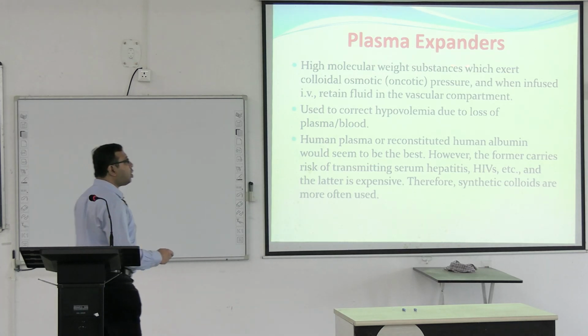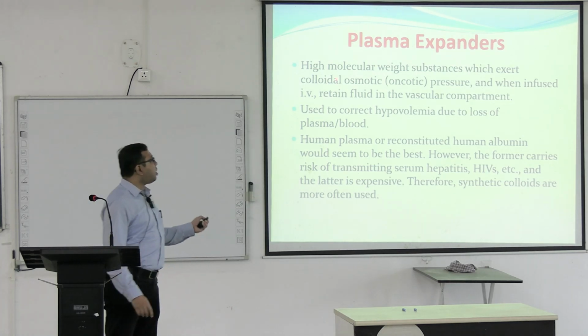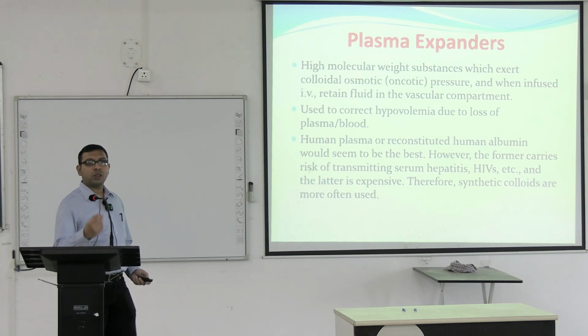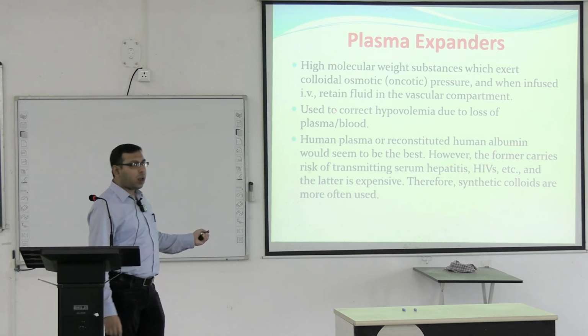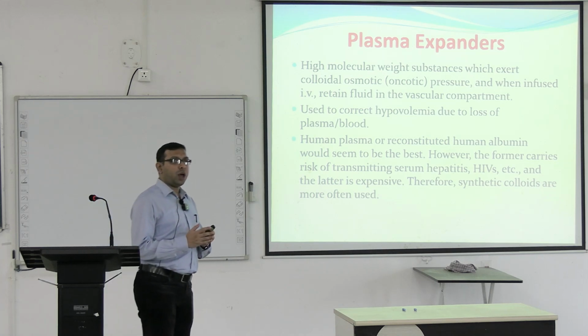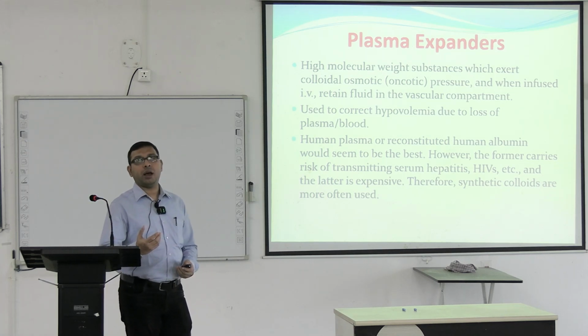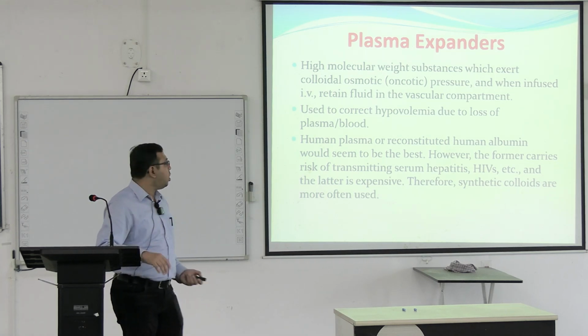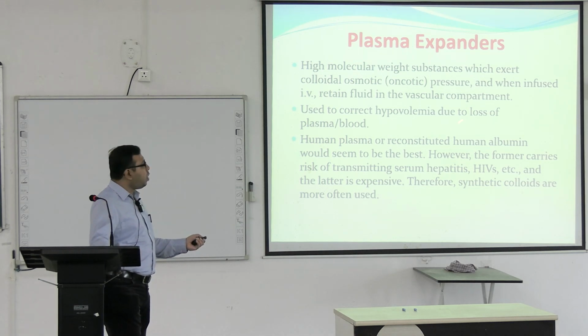These are high molecular weight substances which exert colloidal osmotic pressure, also known as oncotic pressure, and when infused IV, retain fluid in the vascular compartment. So basically that holds the blood pressure. They are used to correct hypovolemia due to loss of plasma or blood.